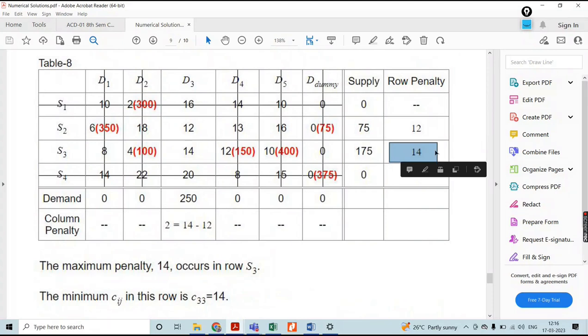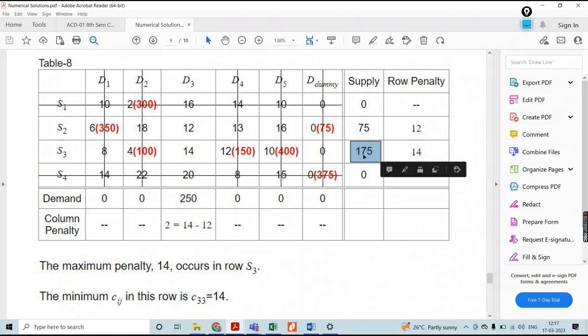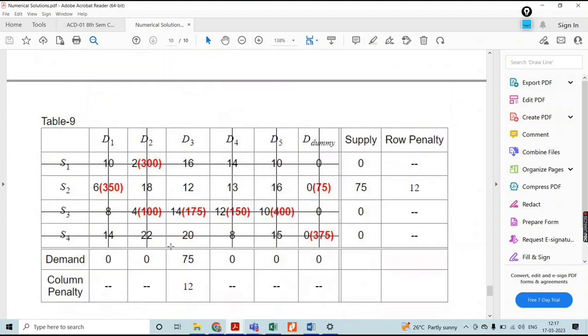Which is the highest penalty? 14. Out of this 175, which is met by this 250, so this will become 0. Then 250 minus 175 is 75. So that will become 75. Then this will become 0.